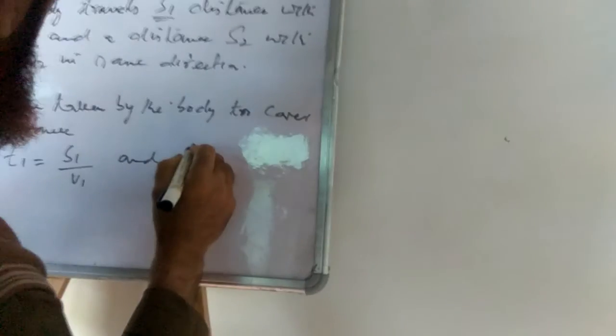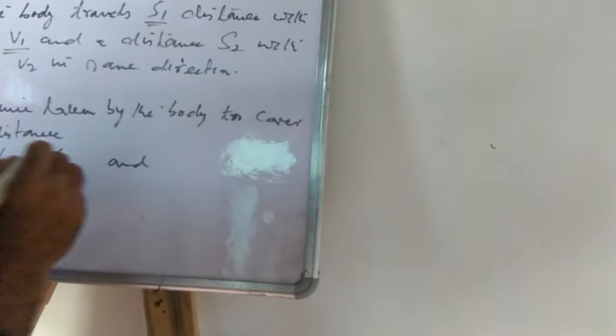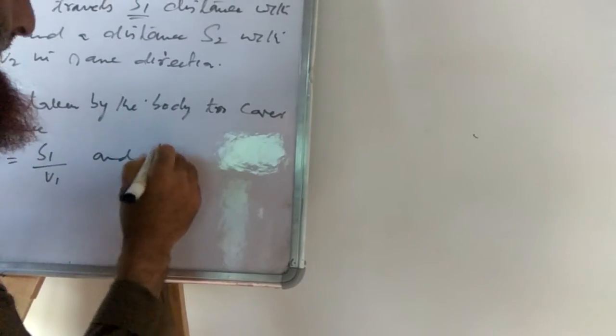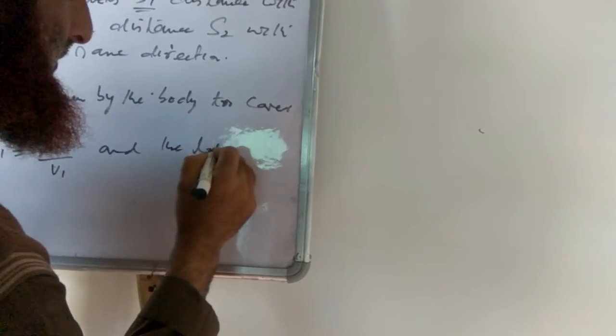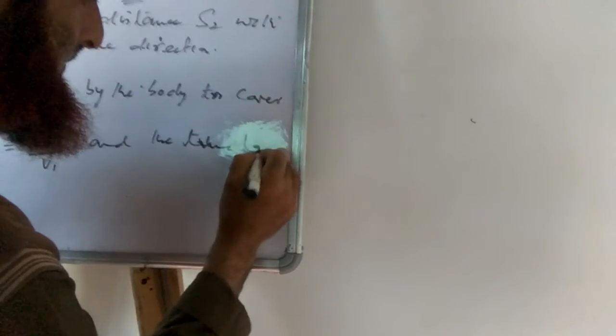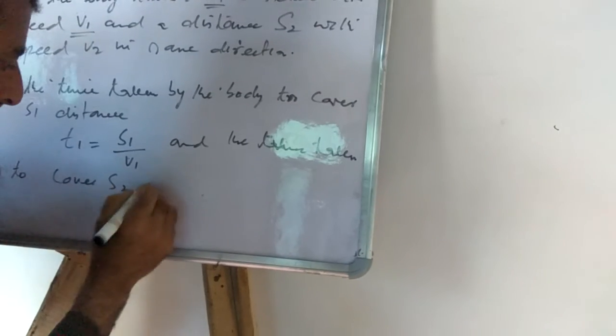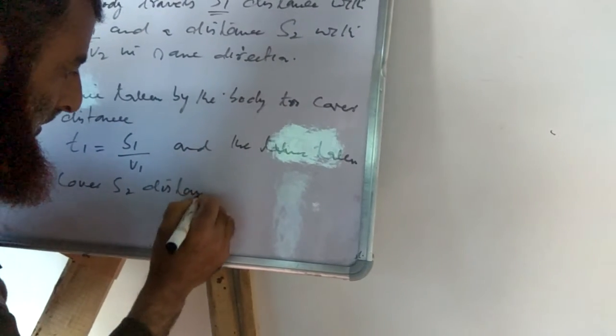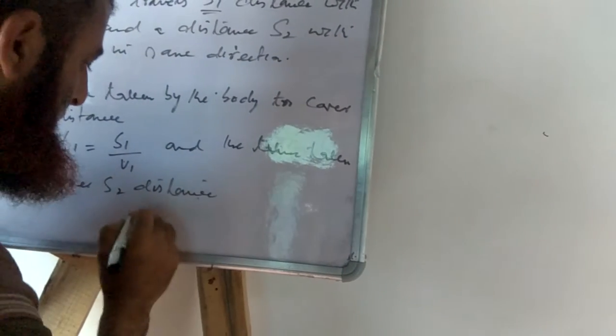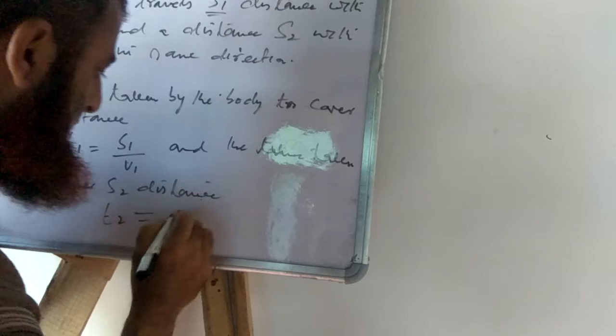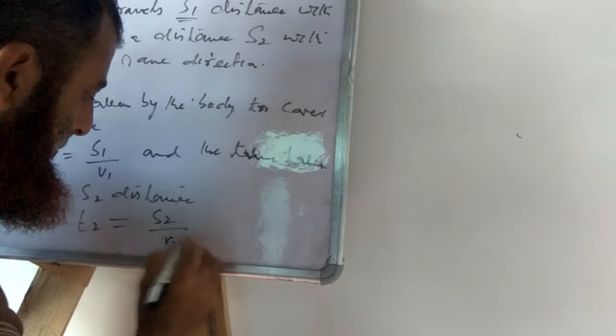And the time taken to cover distance s2 is t2, equal to s2 divided by v2.